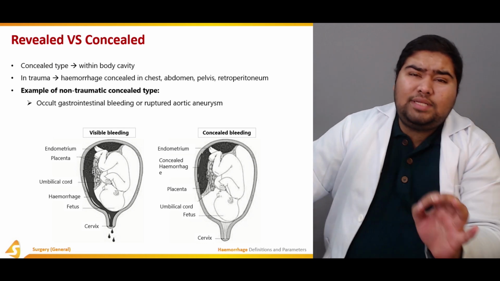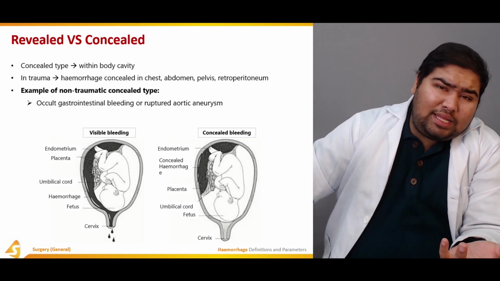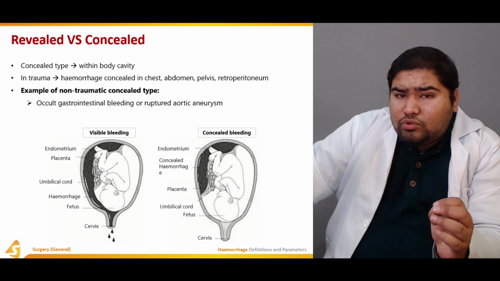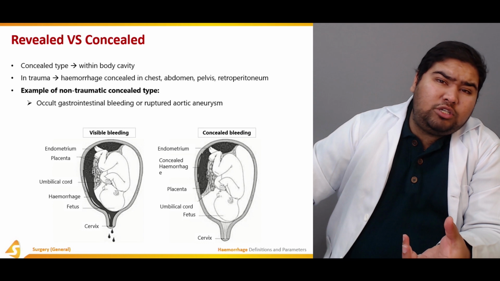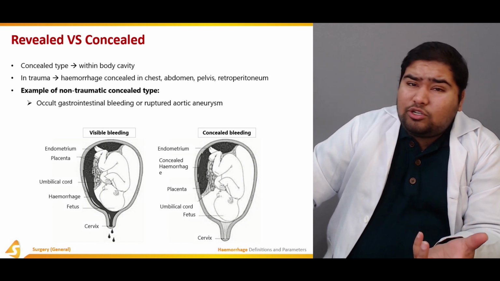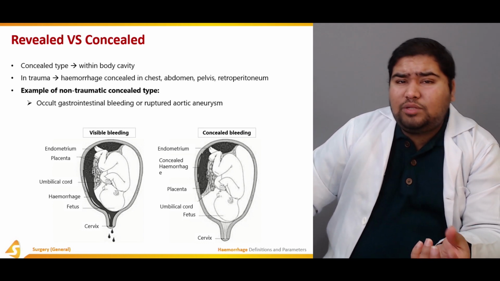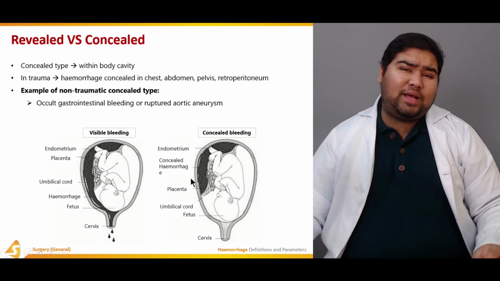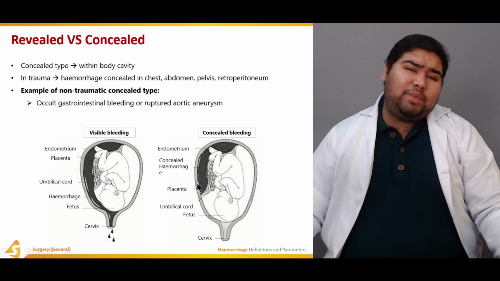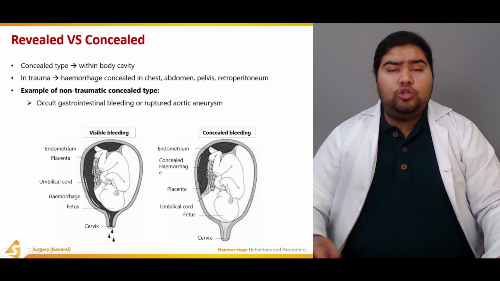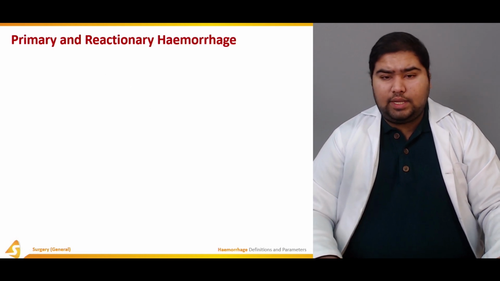In occult gastrointestinal bleeding, there's bleeding going on that is not due to trauma, and similarly when there's a rupture of an aortic aneurysm, it is usually atraumatic. It can be a traumatic rupture as well, but usually it is atraumatic, and the concealed bleeding due to that is an example of non-traumatic concealed bleeding.